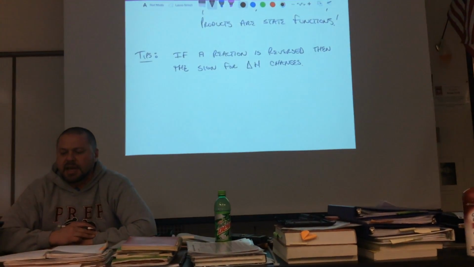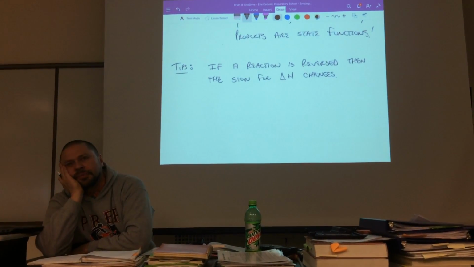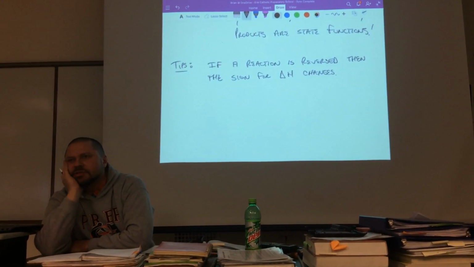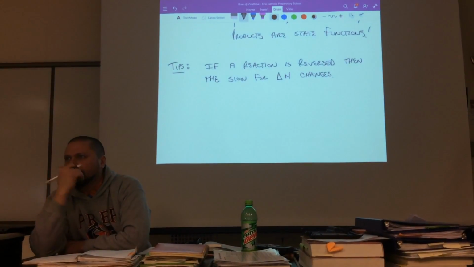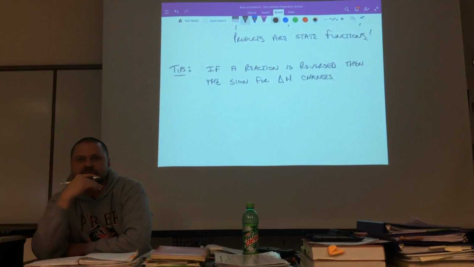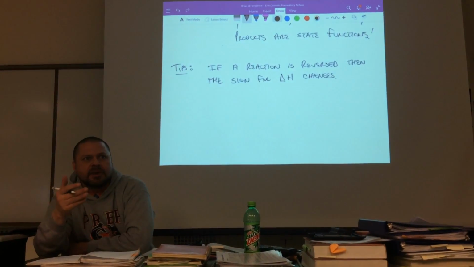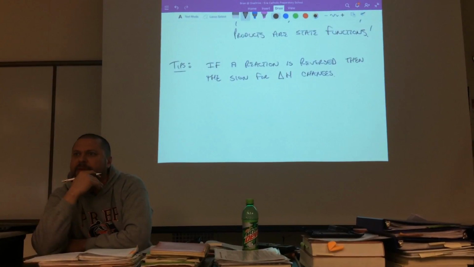And the second trick is that, like, what do you think happens? Let's say you start out and you got a delta H. It's whatever it is. It's positive, it's negative, it's a number, whatever it is. And the thing you're concerned with has the coefficient 1, okay, as the equation's written. What do you think happens to delta H if I rewrite that equation with the coefficient being 2, basically inflating all the coefficients, doubling them? What do you think happens to delta H?